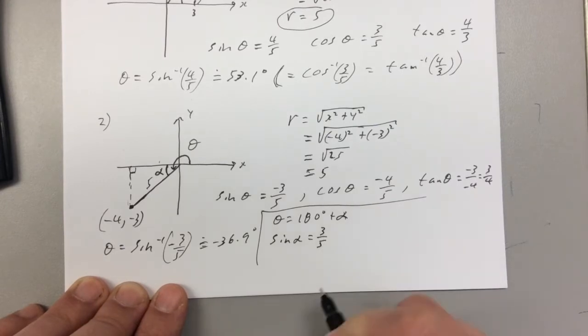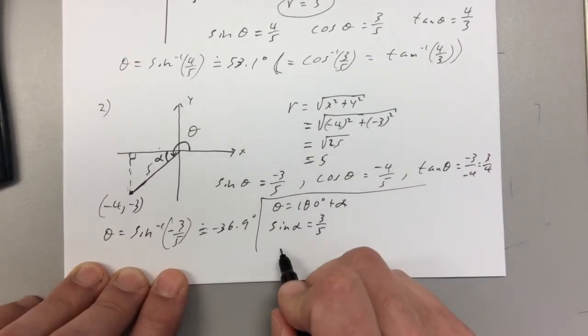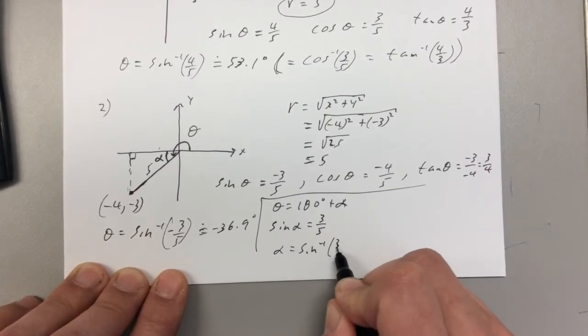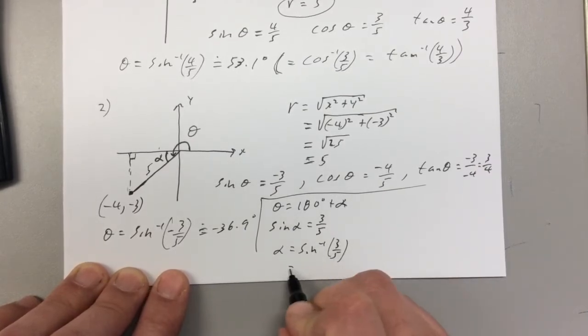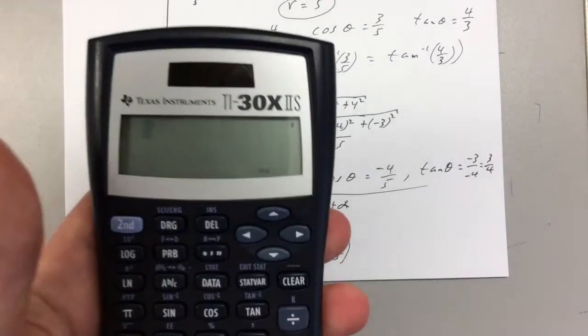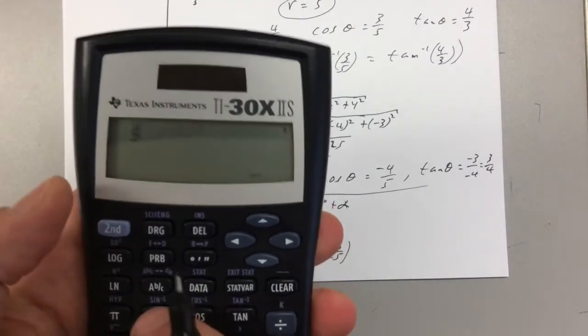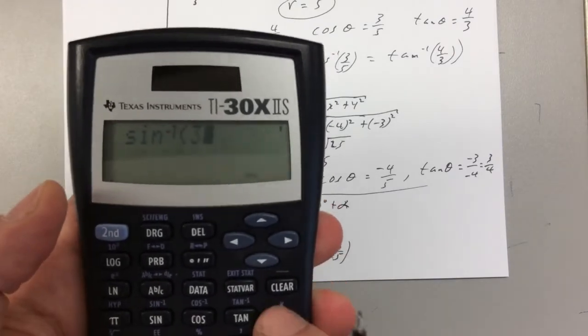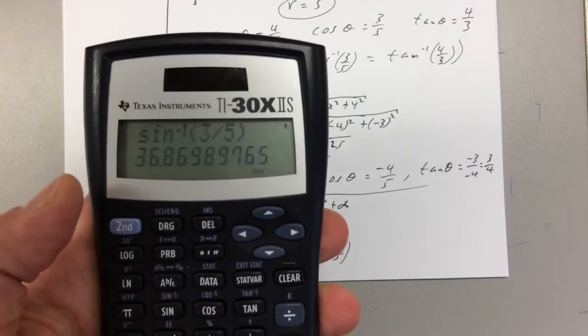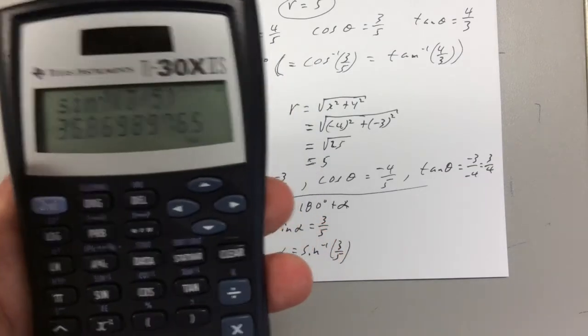So then alpha equals sine inverse of 3 over 5. And on your calculator, sine inverse of 3 divided by 5 is 36.9 degrees about.